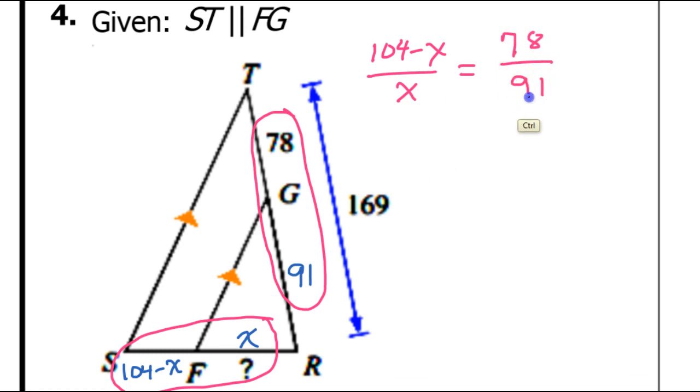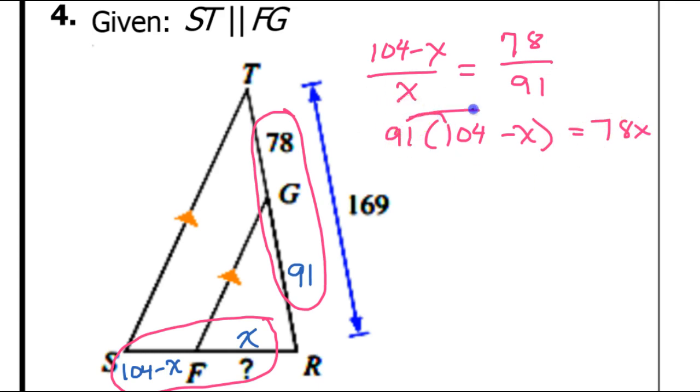Okay, then it's just a matter of cross multiplying. I don't think this even reduces. So I'm just going to go ahead and cross multiply, even though these numbers are very large. So I'm doing 91 times 104 minus x. That's multiplying on this diagonal, is equal to 78x.